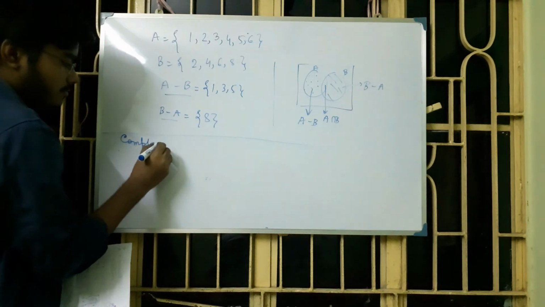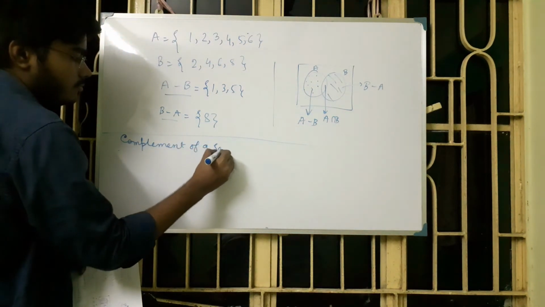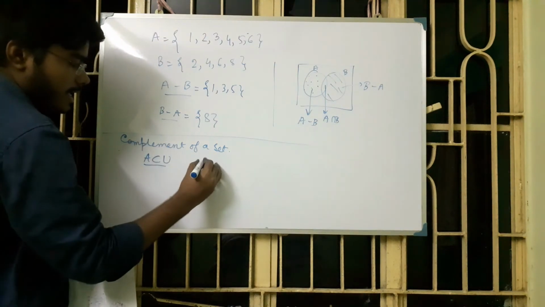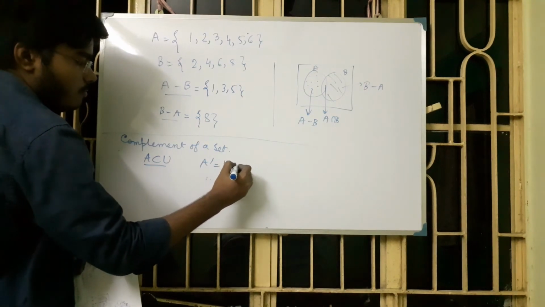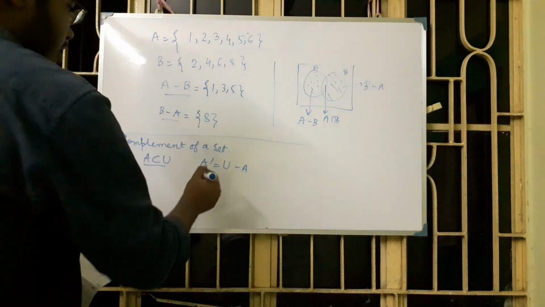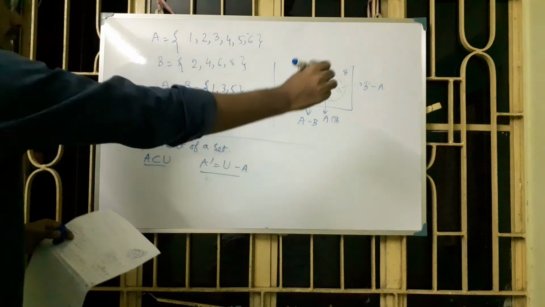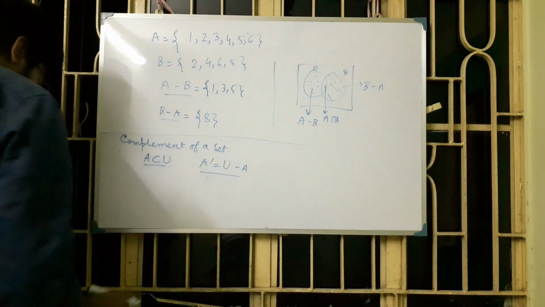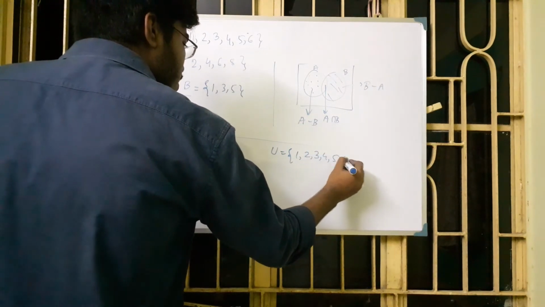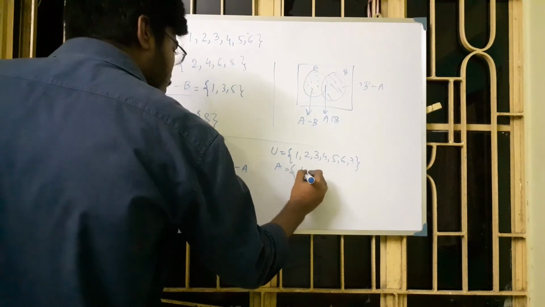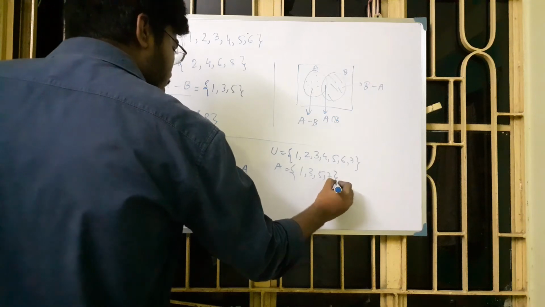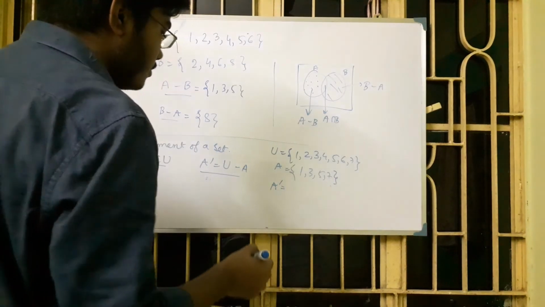If A is a subset of a universal set, then A complement is U minus A. Okay, A complement is universal set minus A. Now if U is 1, 2, 3, 4, 5, 6, 7 and A is 1, 3, 5, 7, then what is A complement?